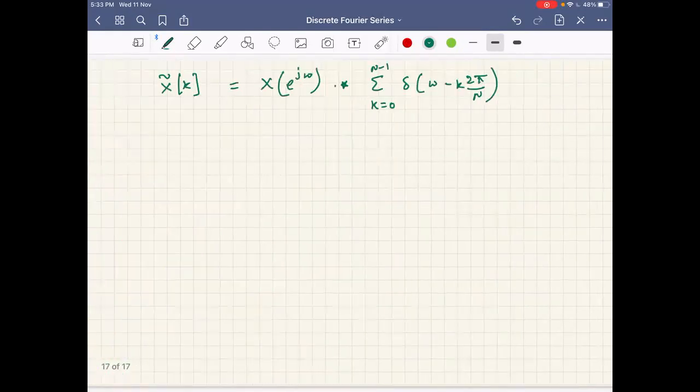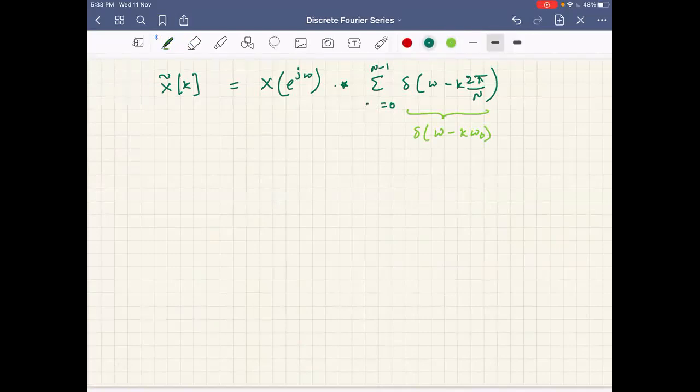Now let us see in time domain what happens if we do this in the frequency domain. Please note that this can also be written as delta of omega minus k omega naught. Since we anyway have a variable k here, let us write this as a variable r.